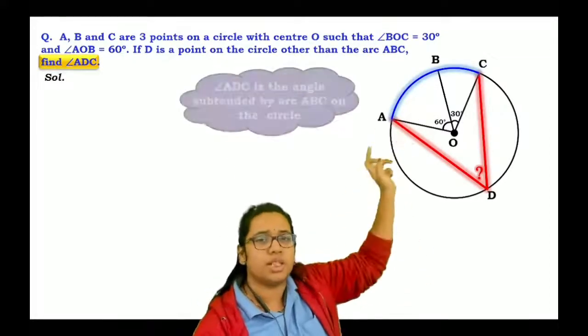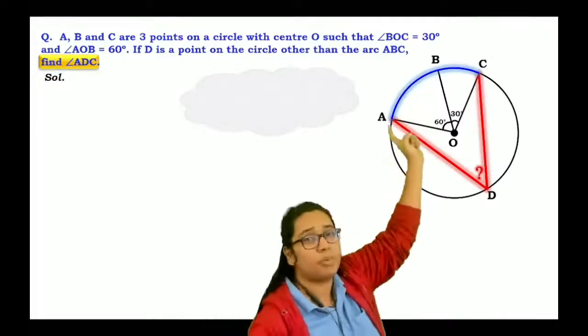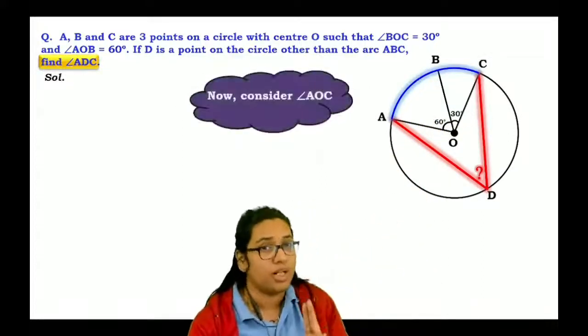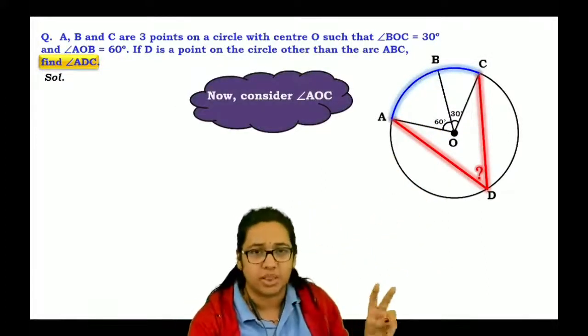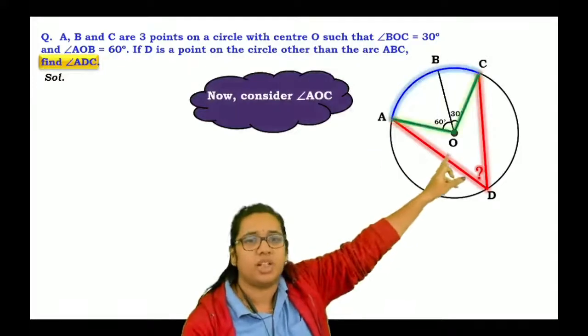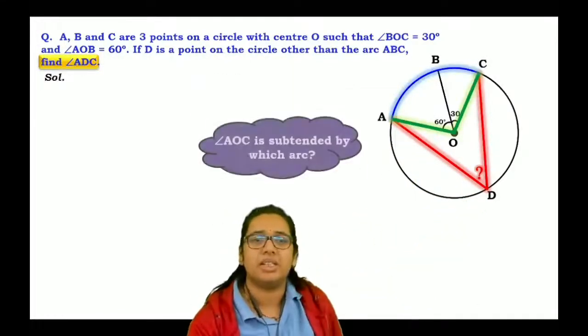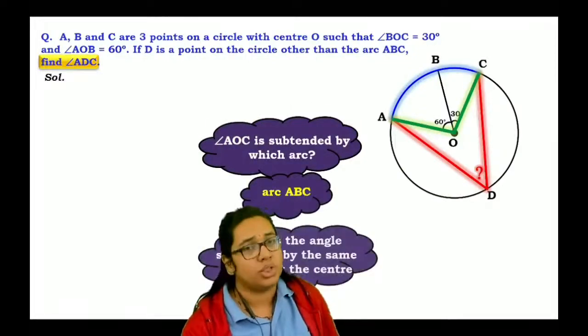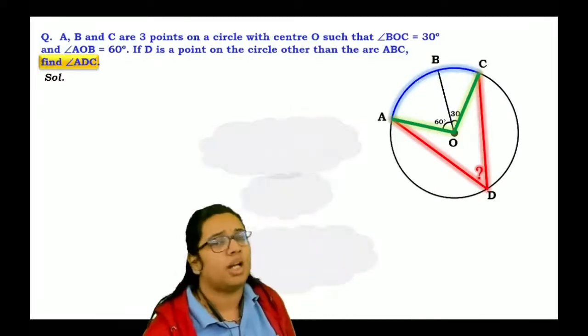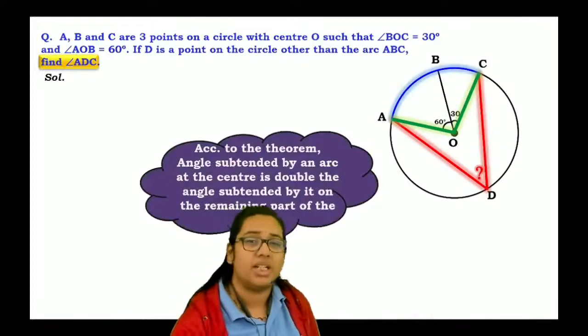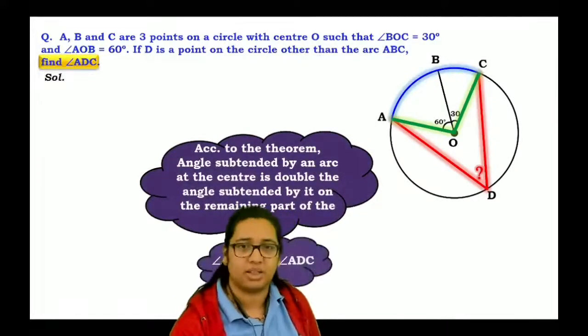For that minor arc आपको वहां पे 2 angles मिलेंगे. First one will be the central angle, which is nothing but AOC, and second one will be this ADC. So AOC is subtended by arc ABC as well as ADC is subtended by arc ABC.